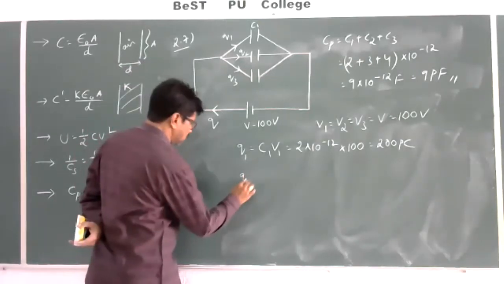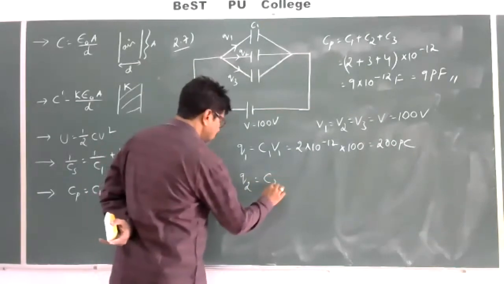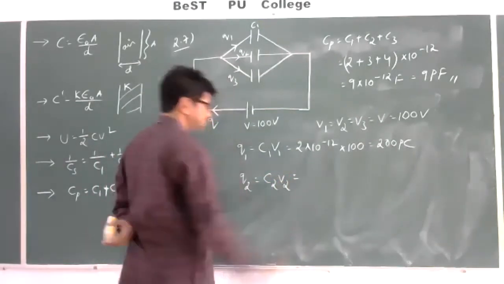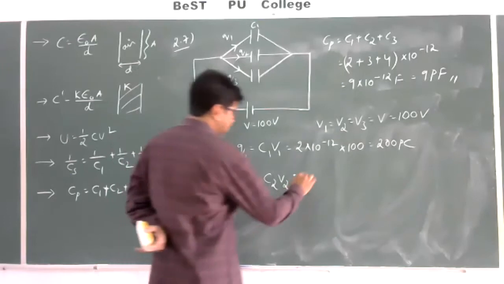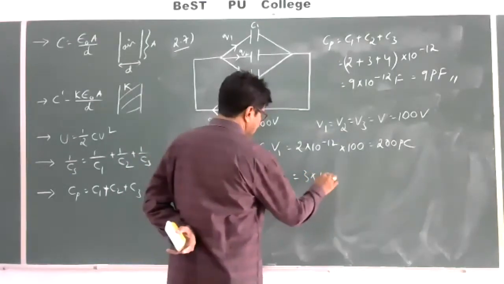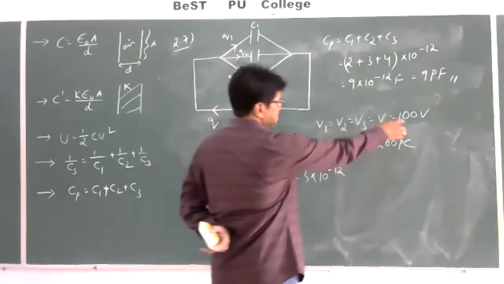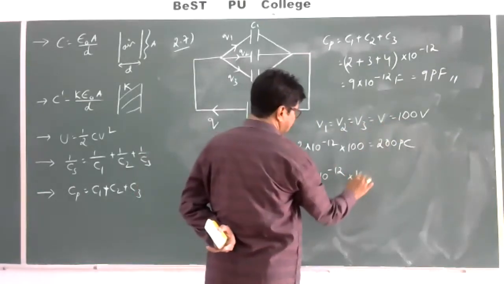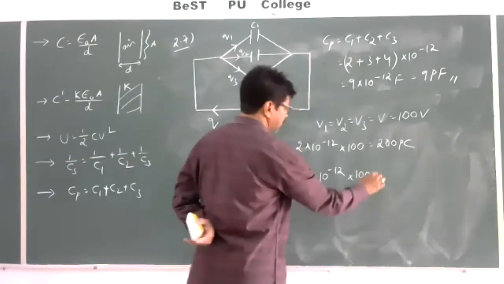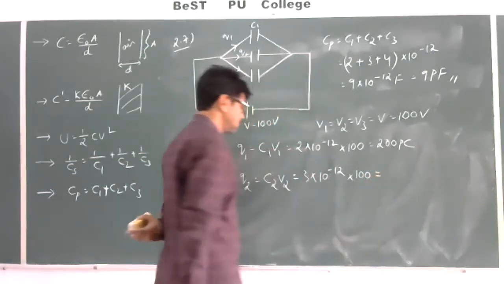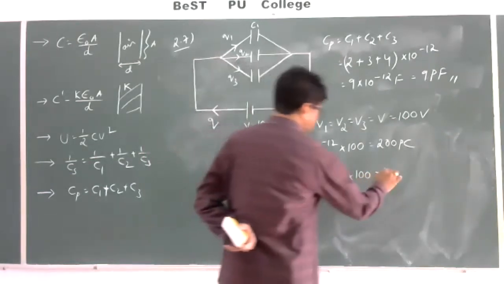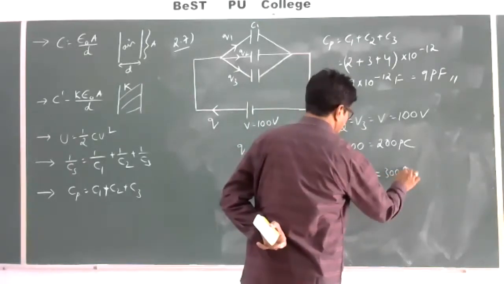Q2 is equal to C2V2, where C2 is 3 picofarad. V2 is also equal to V because of the parallel combination, the potential remains constant, which is equal to 300 picocoulomb.